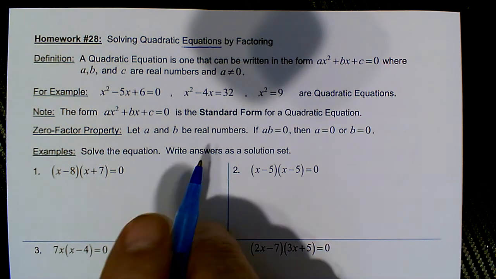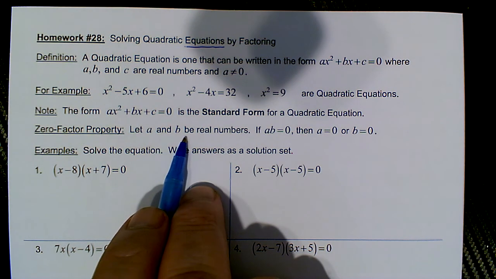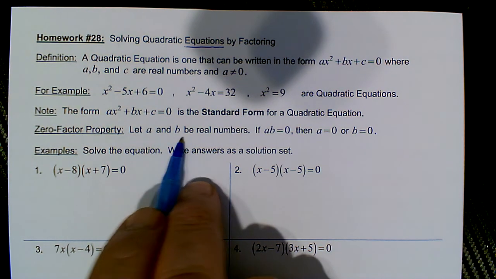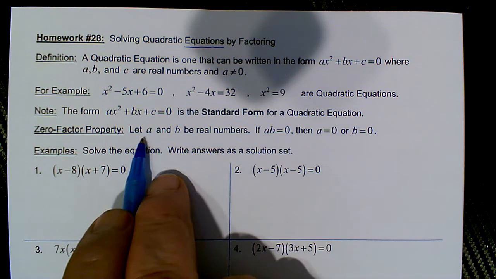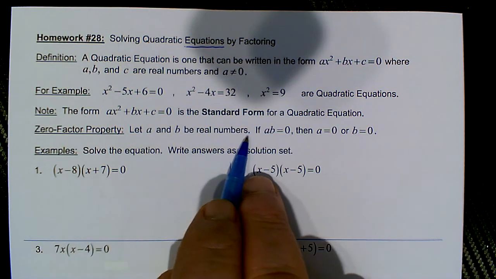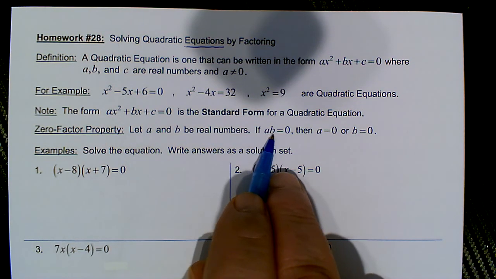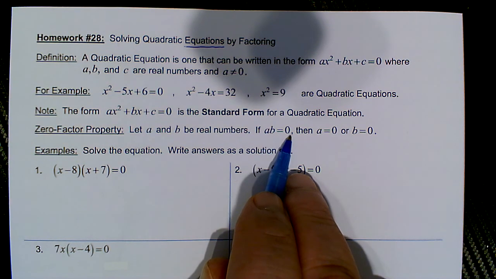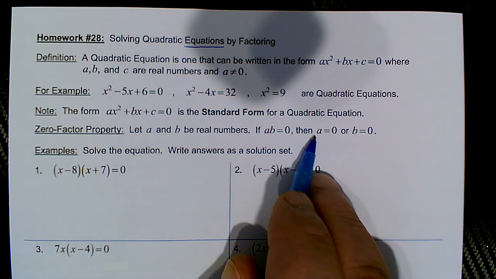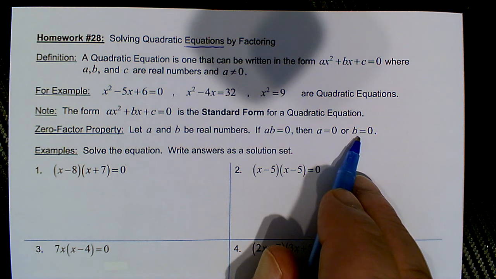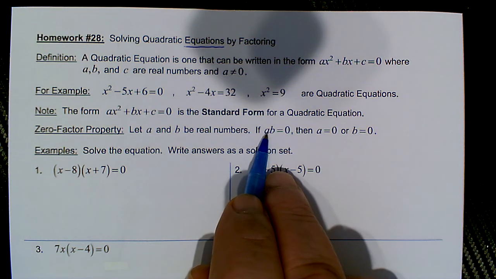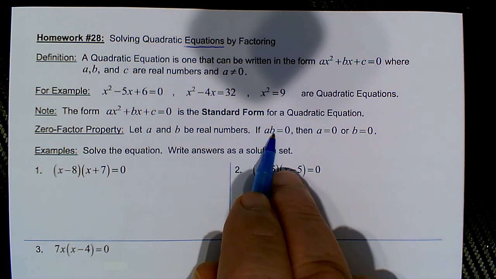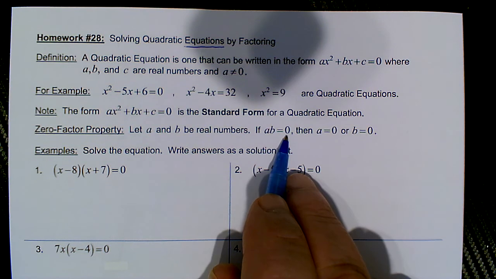The zero factor property is simply that if you have two things being multiplied together, so we formally say let a and b be real numbers, but if you had any two numbers being multiplied together and their product is equal to 0, then one or the other has to be 0, because if a is 0, then 0 times whatever b is, it doesn't matter, will be 0, so that would be true.